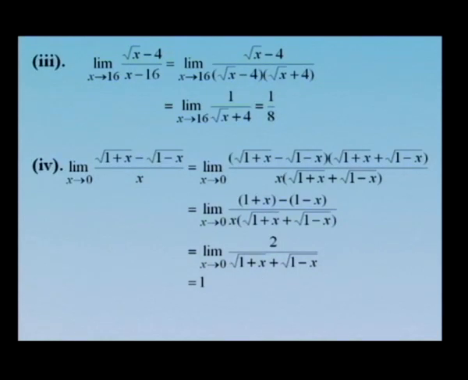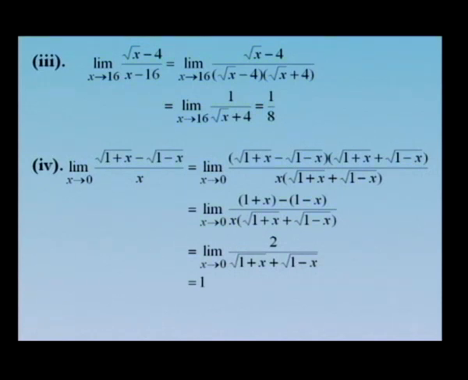Now consider example 3. Here the function is (square root x minus 4) upon (x minus 16), limit x tends to 16, equals (square root x minus 4) upon (square root x minus 4) into (square root x plus 4). Here x minus 16 has the factors square root x minus 4 and square root x plus 4.